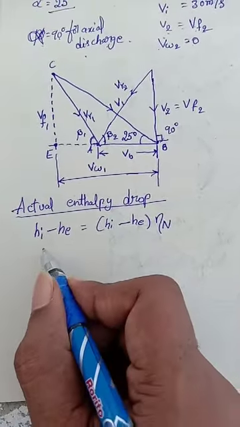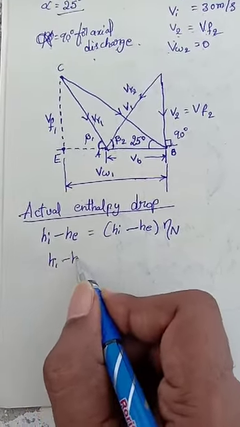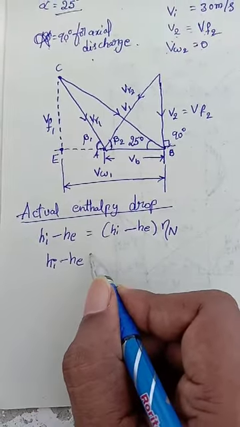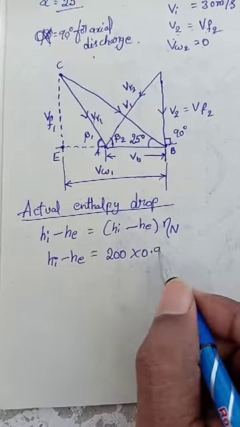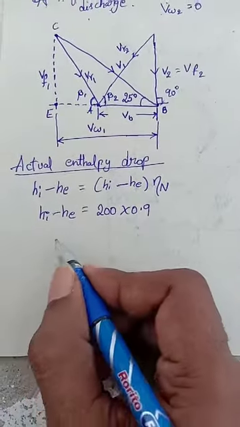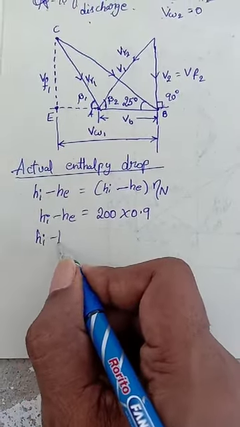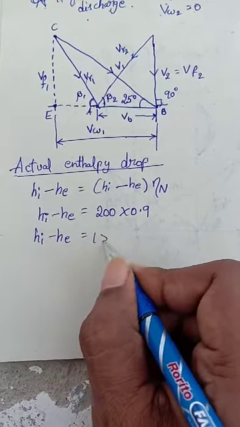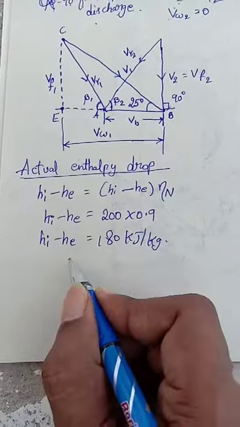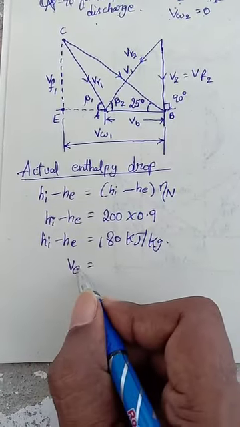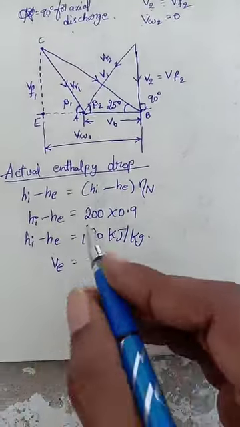So take this equation, HI minus HE is equal to 200 into 0.9. This value is given. So now you will get the answer here, 180 kilojoules per kg.